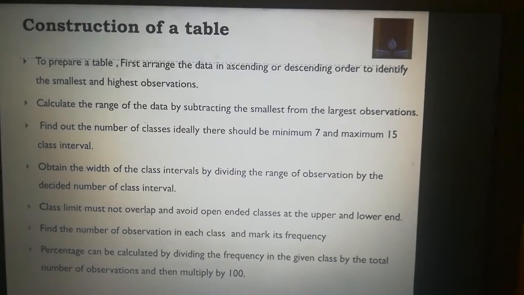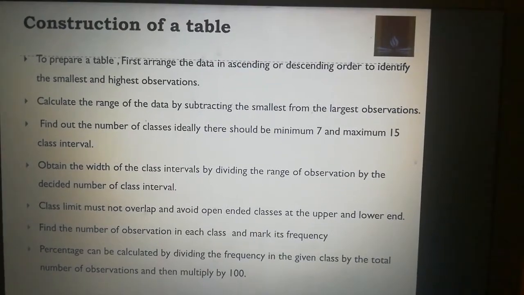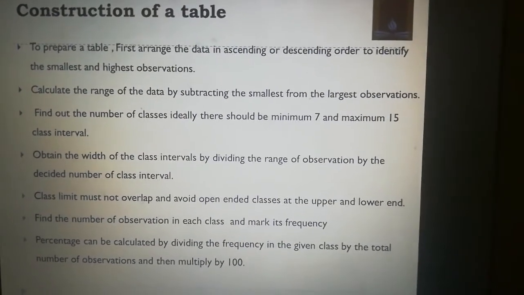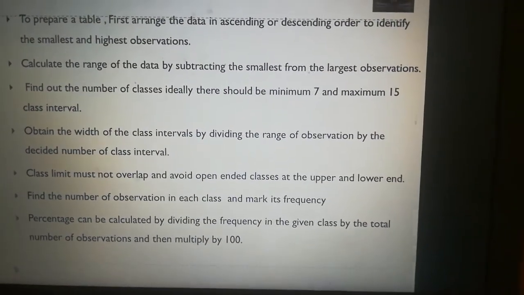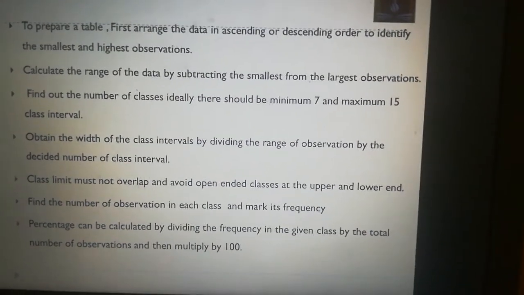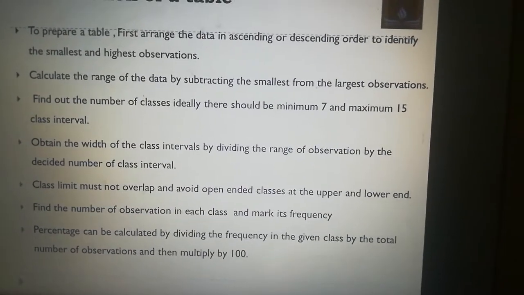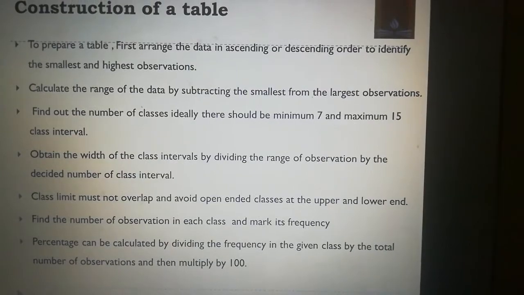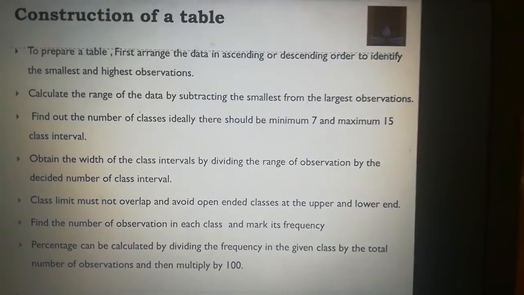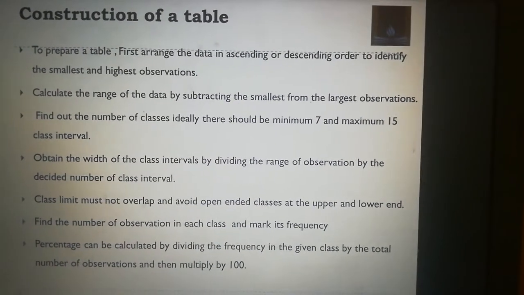Then find out the number of observations made in each class interval and mark its frequency. At the last, percentage can be calculated by dividing the frequency in a given class by the total number of observations and then multiplying by 100.